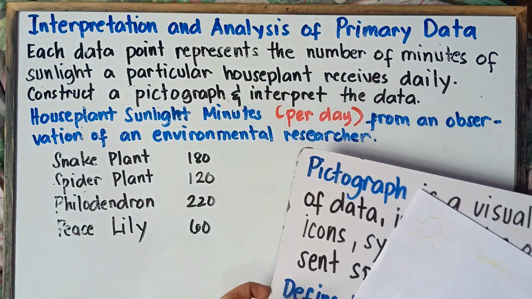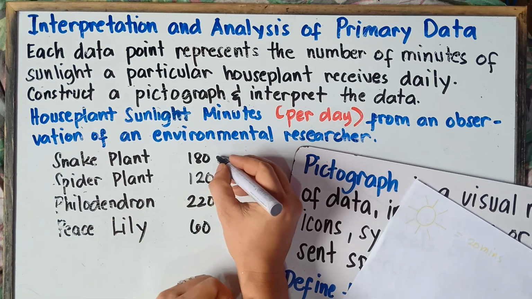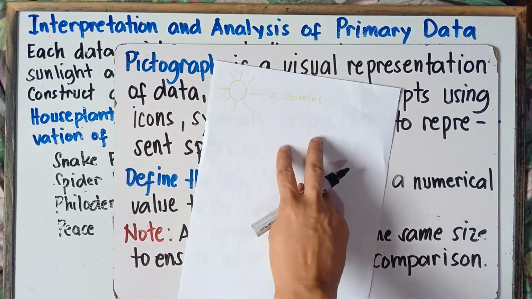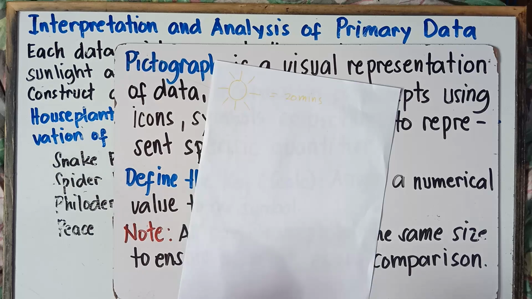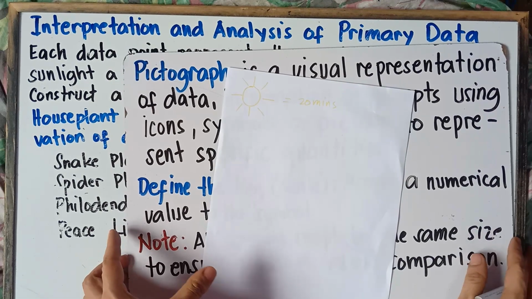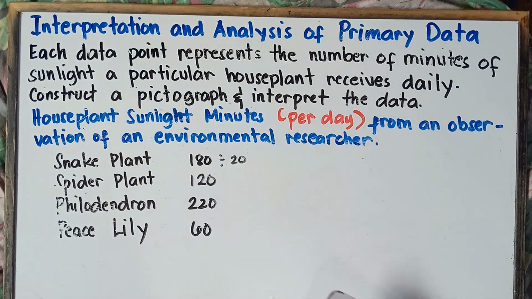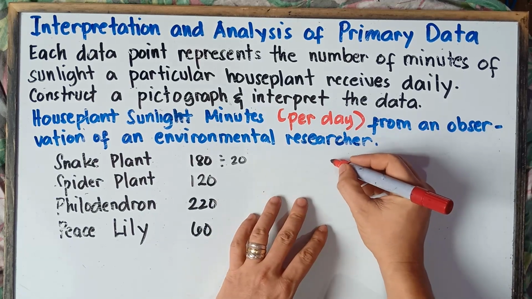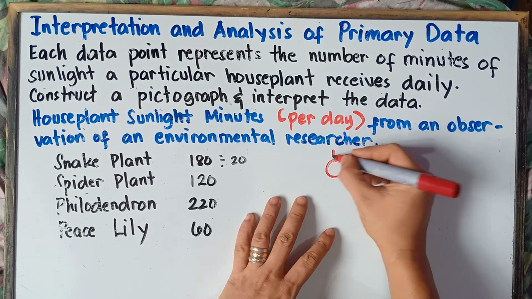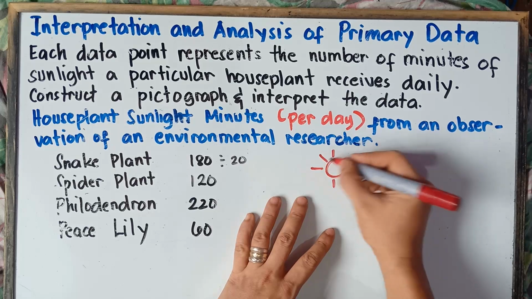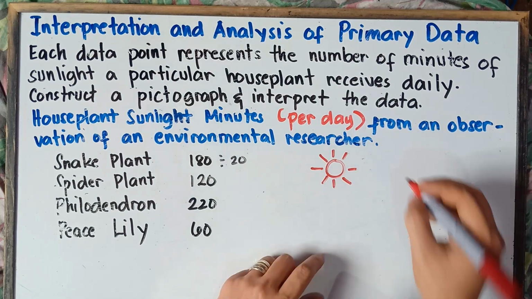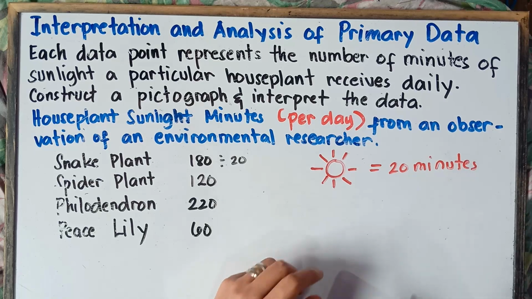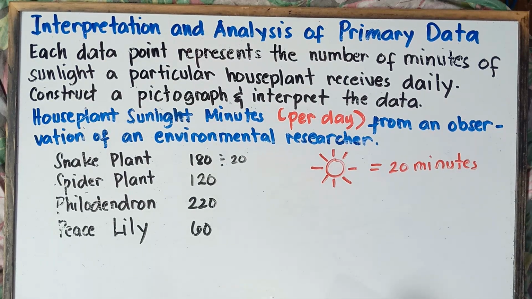We don't have a yellow pen that we can write on this board, so let's assume that this red marker is our sun. One sun is equivalent to 20 minutes.